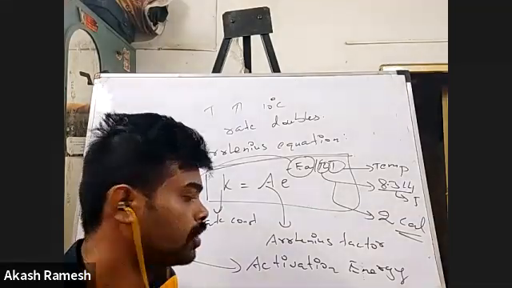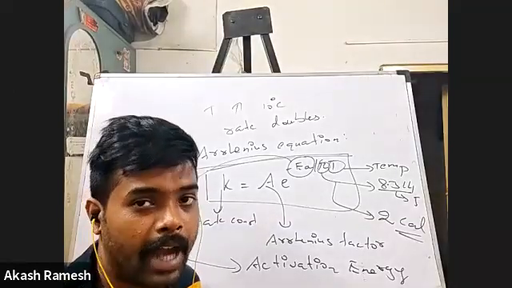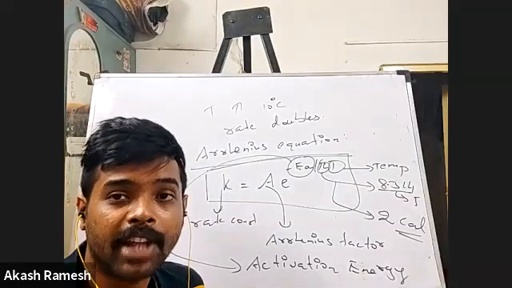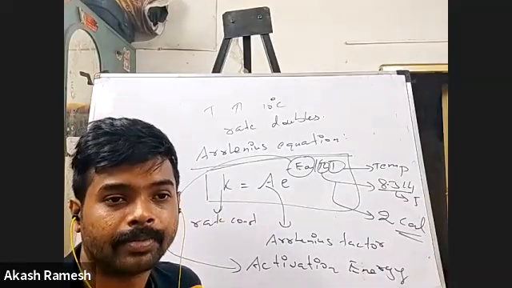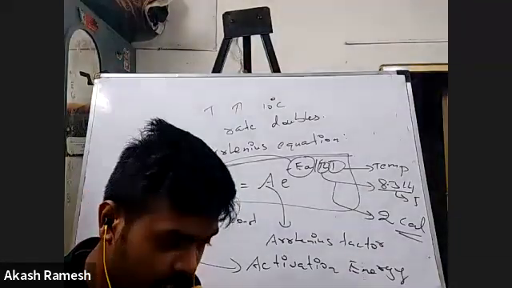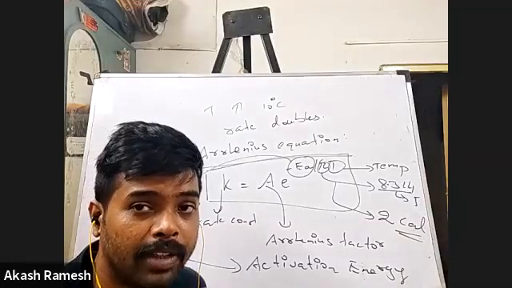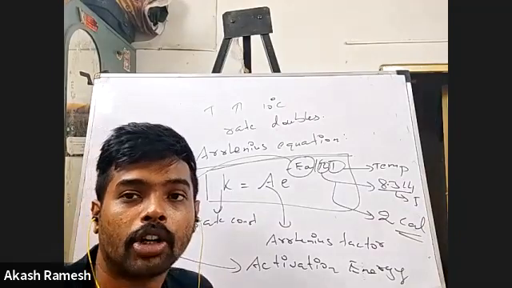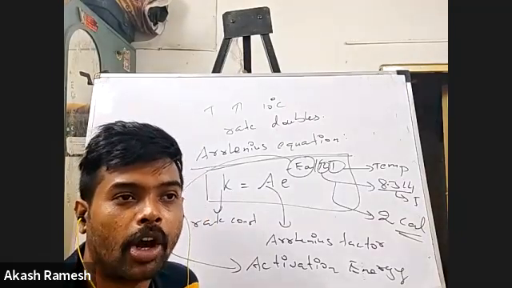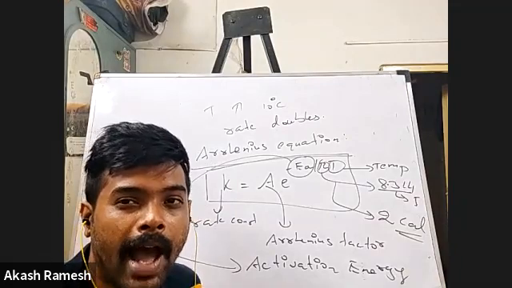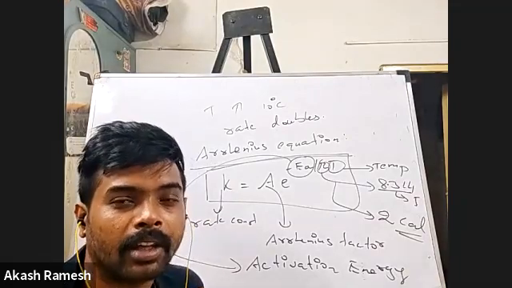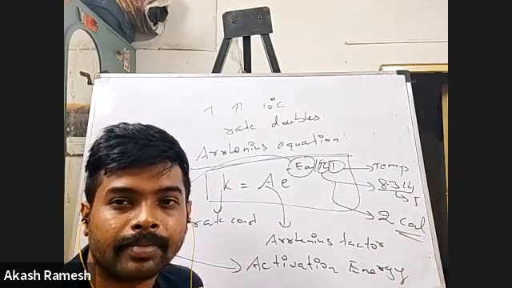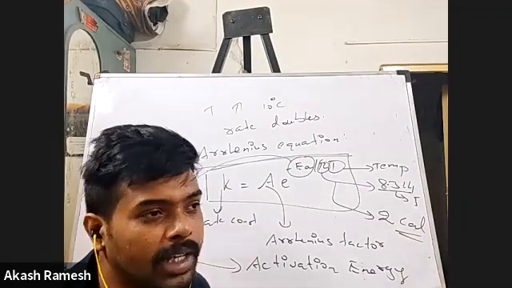You ready? So it is the energy barrier. Activation energy is the energy barrier which has to be crossed in order to form the activated complex, and eventually the products.